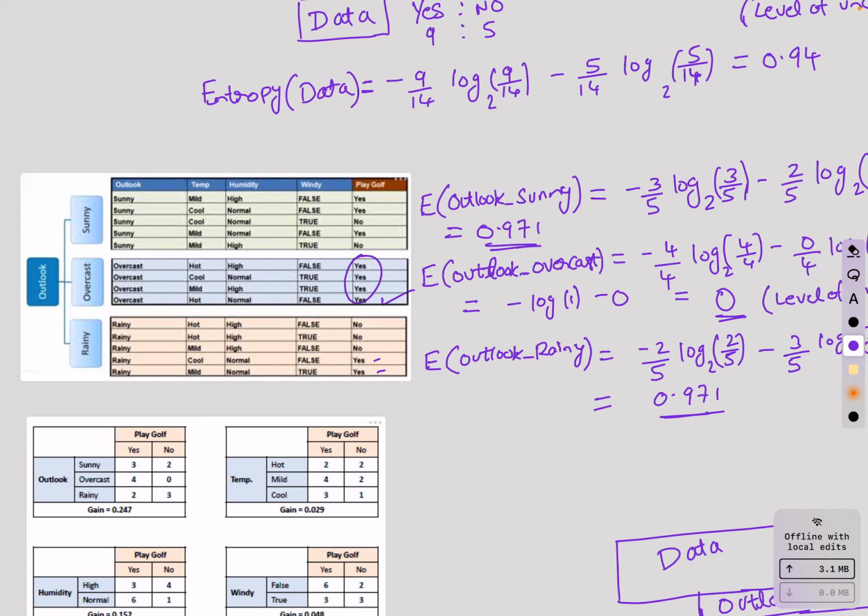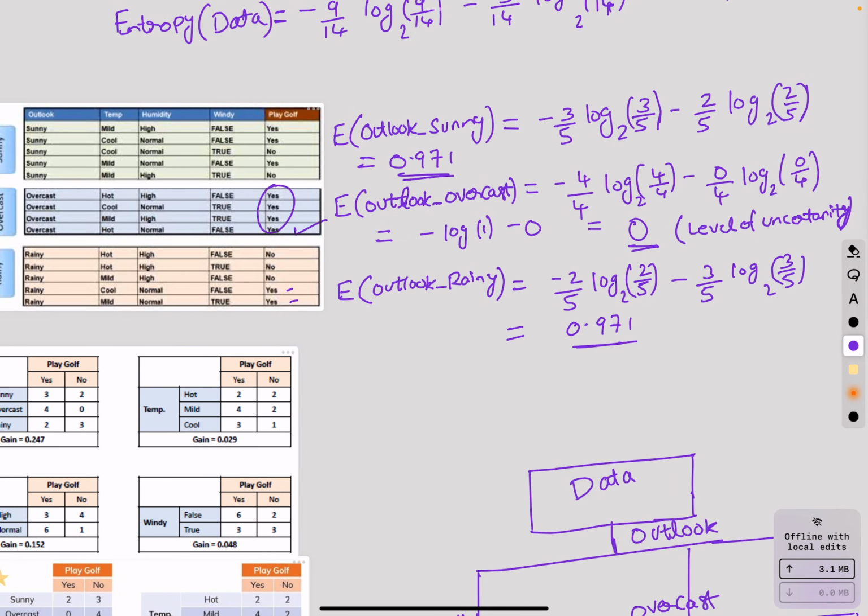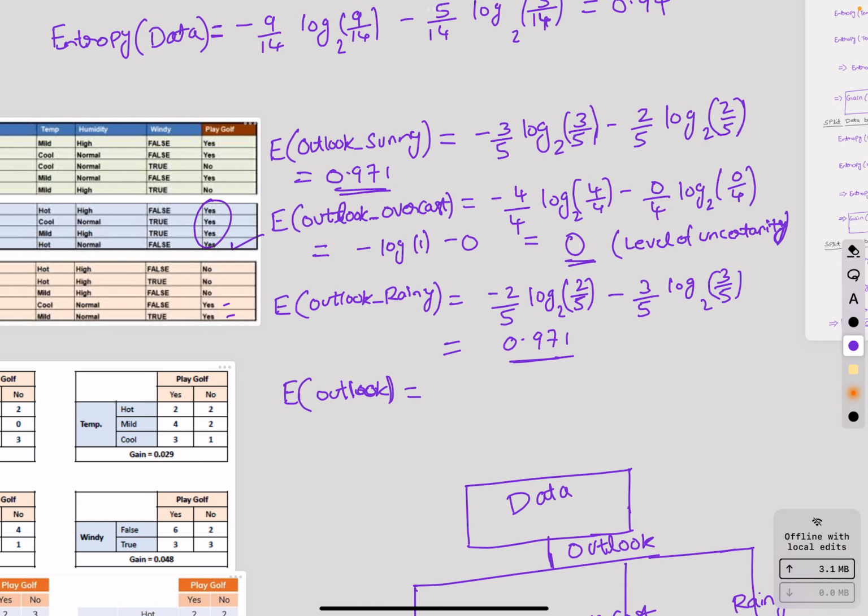Now what is the overall entropy on the entire Outlook level? If this is the accuracy at this point, and this point, and this point, then what is my overall uncertainty? Let's find out. The overall entropy at the Outlook level will be nothing but the weighted average of all of the subsets.